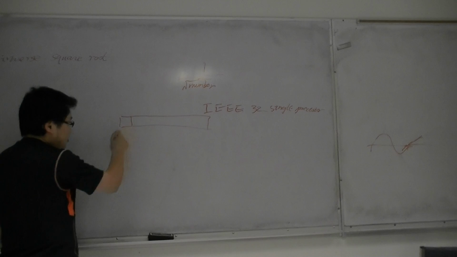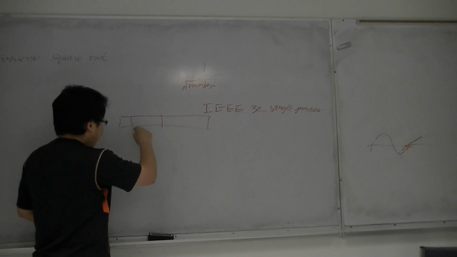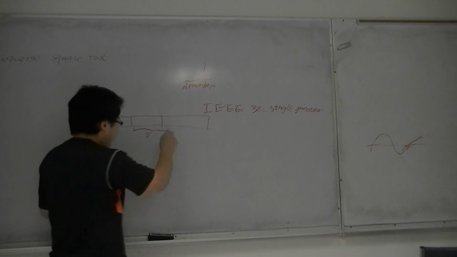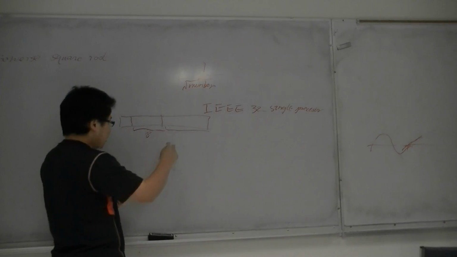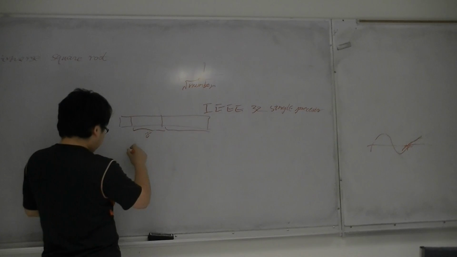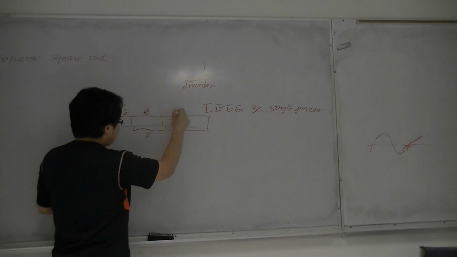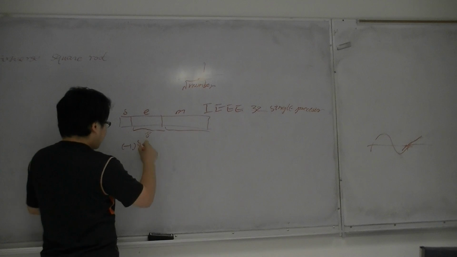As we know, the first is the sign symbol, and another is the exponent, maybe 8 bits, and then the mantissa. For example, this is S, this is E, this is M. The value can be expressed as this.